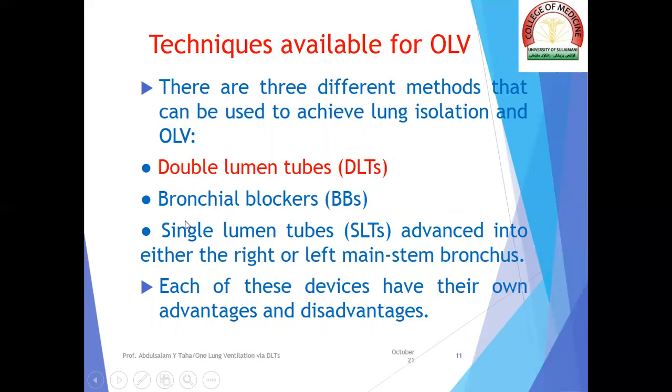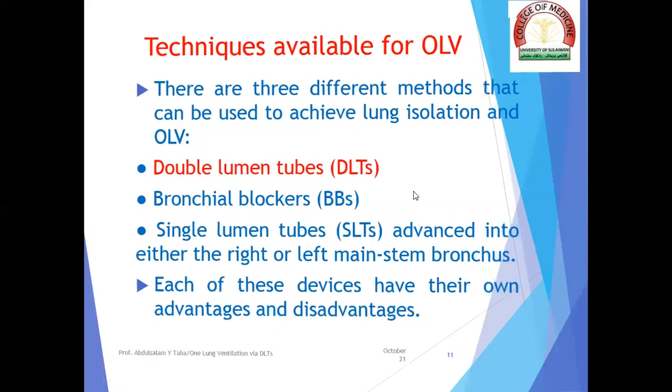Number three, a single lumen tube advanced into either the right or left mainstem bronchus. Each of these devices has its own advantages and disadvantages. In the present lecture, we are going to concentrate on the double lumen endotracheal tubes.